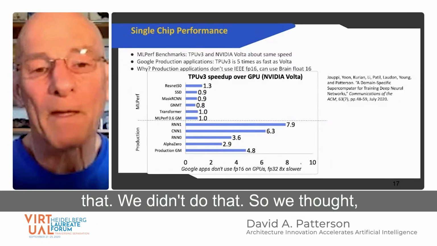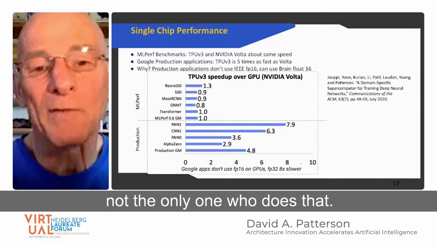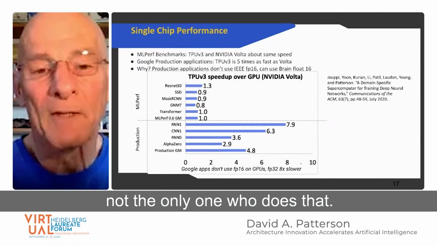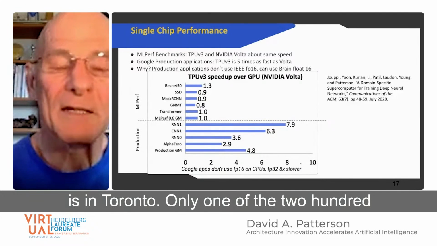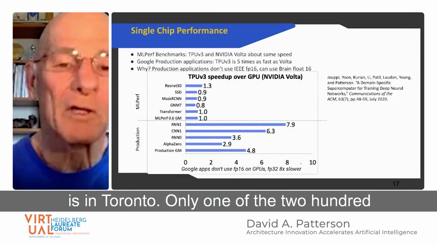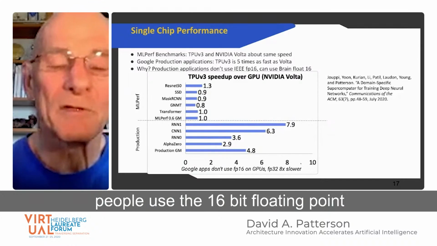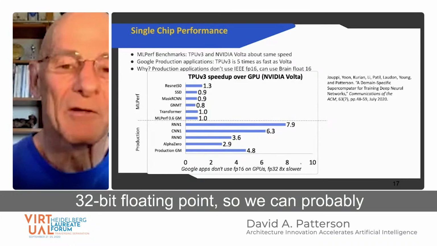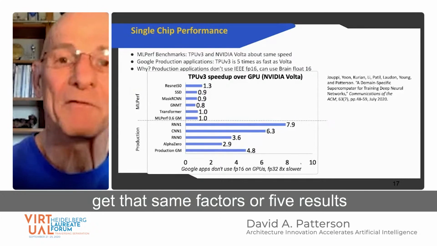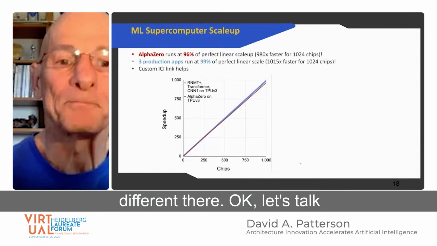That was our experience, but we're not the only ones. The Vector Institute, also in Toronto, found that only one of the 200 people used 16-bit floating point when they use GPUs. Everybody else uses 32 bits. So we'd probably get that same factor of 5 result there.